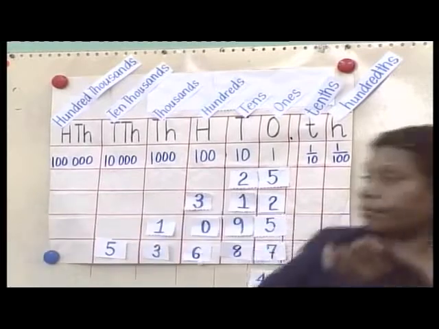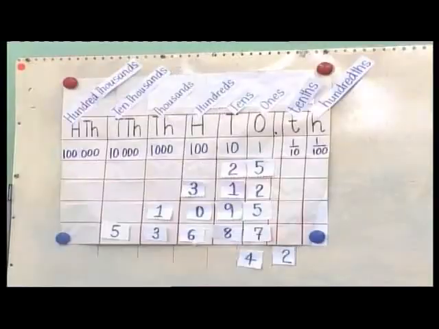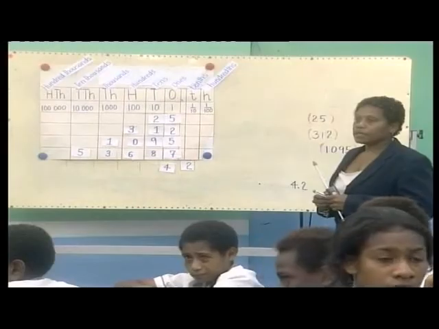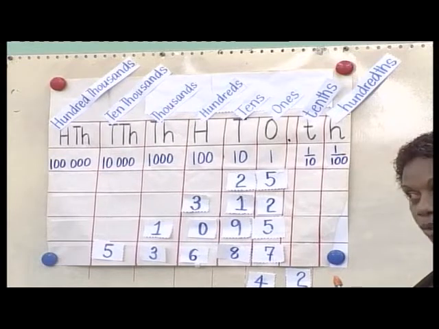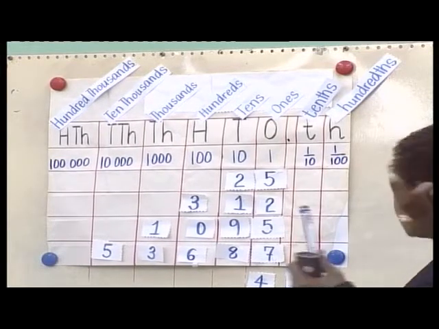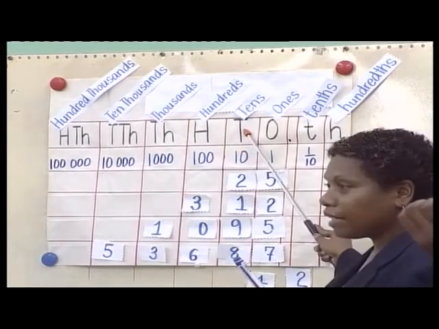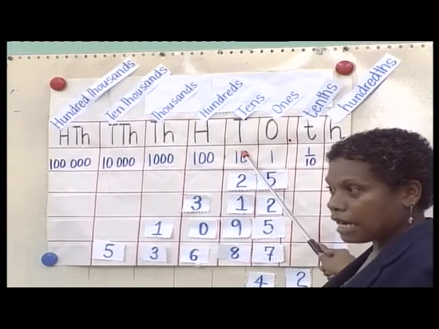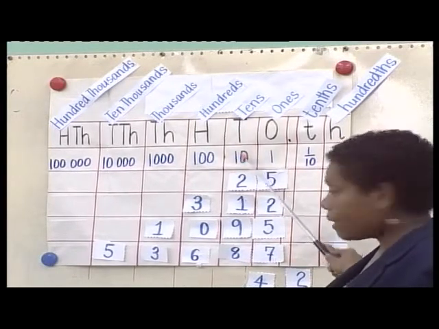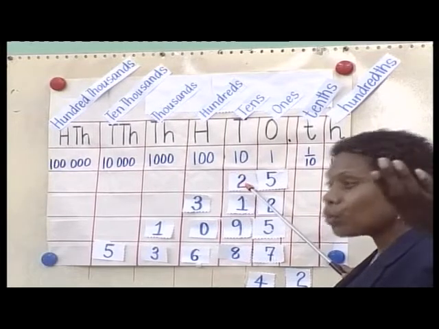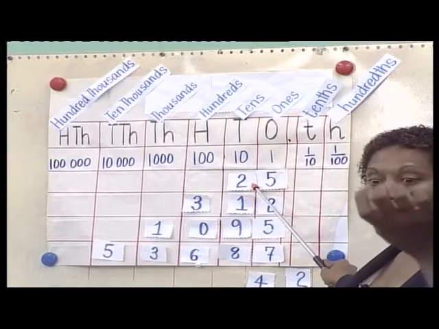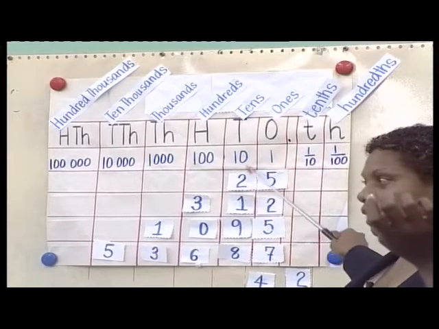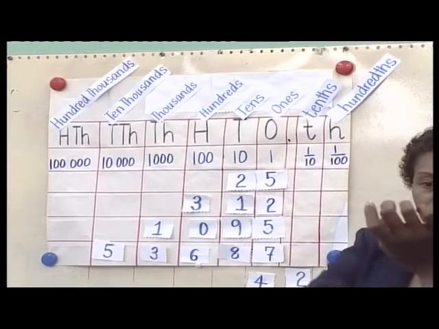Okay, let's have Onea. Quickly. 10. Good try, Onea. The value of 10 is 10. But now I have a number 2 here. What will be its value? If I put 2 here, what will be its value? Okay, Lorraine.